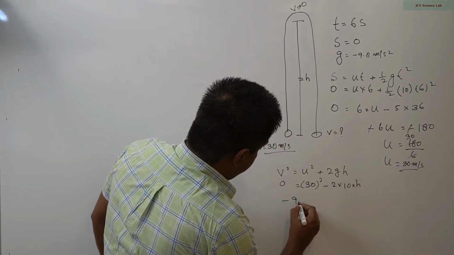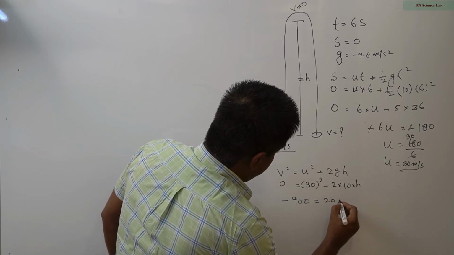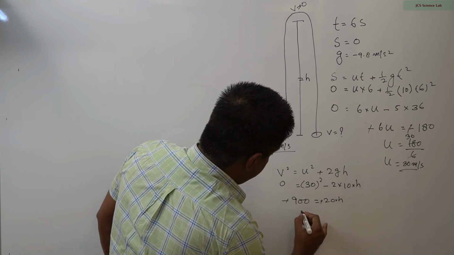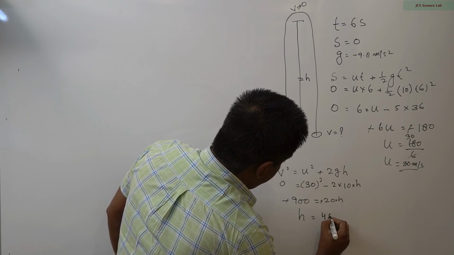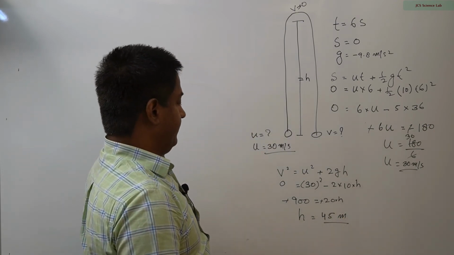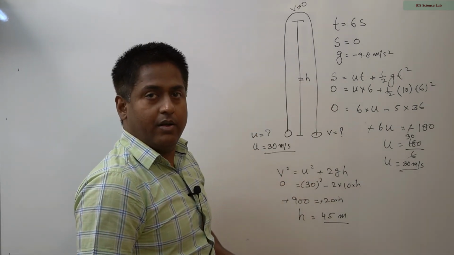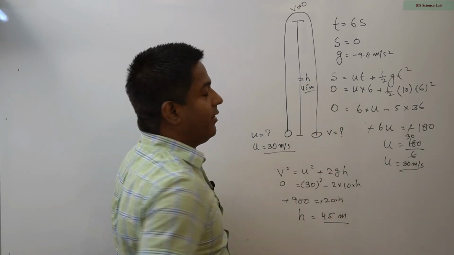So minus 900 is equal to minus 20h. Minus cancel. So h is equal to 45 meter. Right? So it will travel a maximum height of 45 meter. Simple.